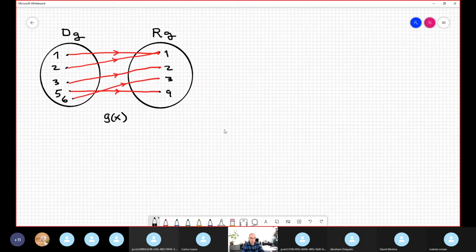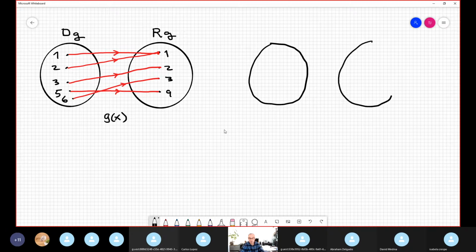And the function f is defined similarly. This is the domain of f. This is the range of f.